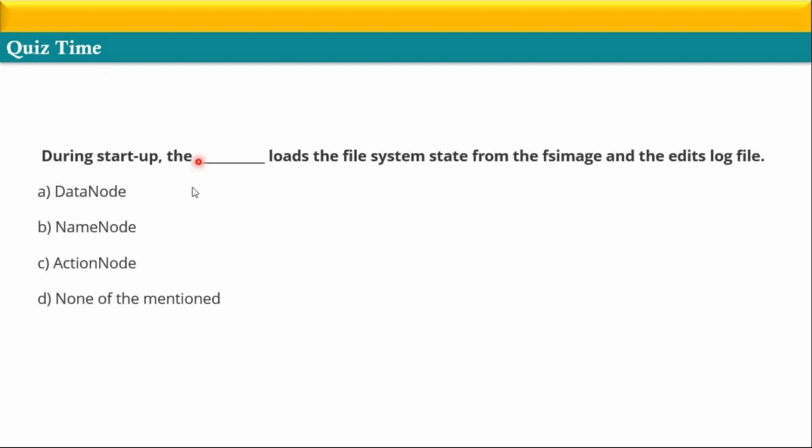Then next question: during startup, the dash loads the file system state from the FS image and the edit log file. Name node. Akhil and Naresh said name node. What about others?